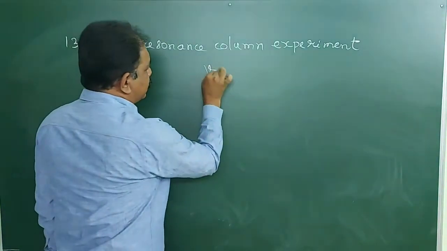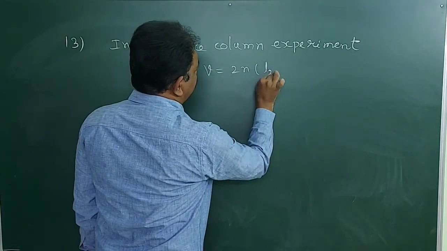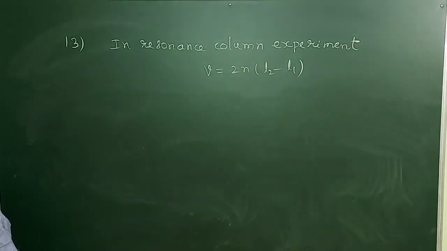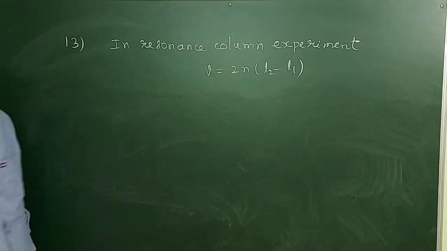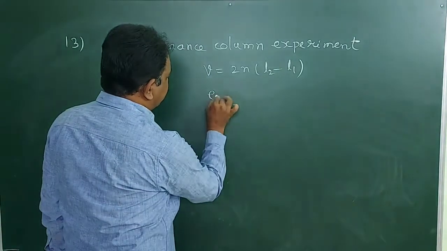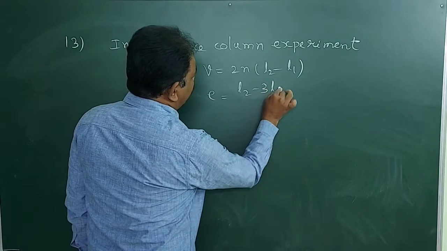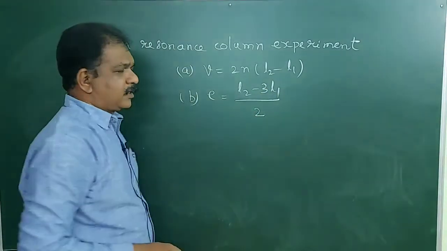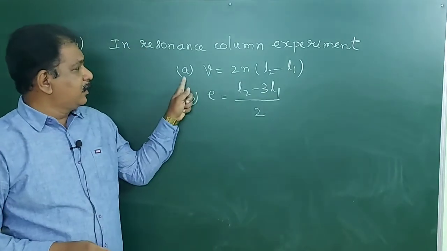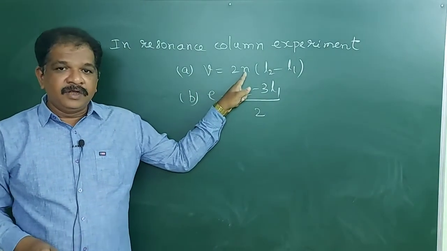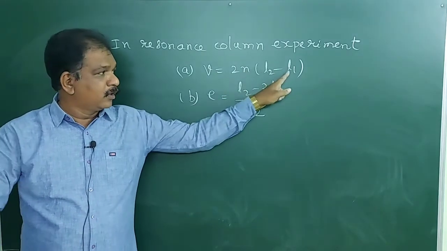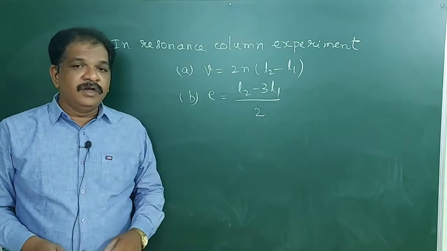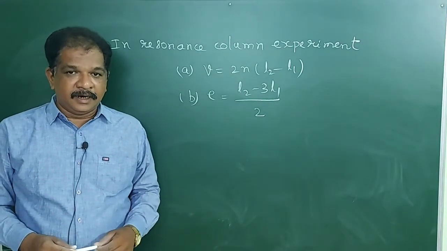What is the formula we are using is V is equal to 2n into L2 minus L1. This formula we will use. Here they will ask end correction, L2 minus 3L1 by 2. Find the end correction, find the velocity of sound. N will be the frequency of the tuning fork. L1 will be first resonating length. L2 will be second resonating length.